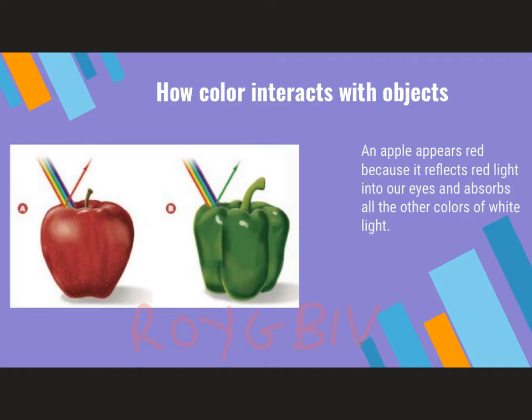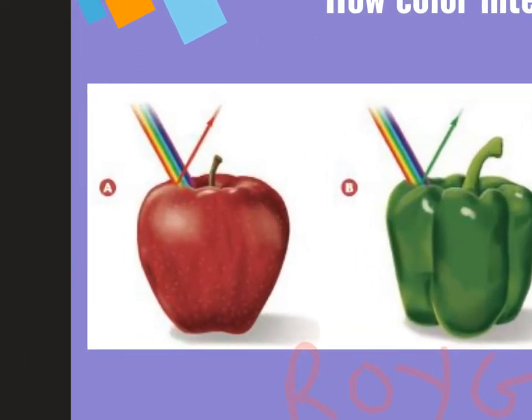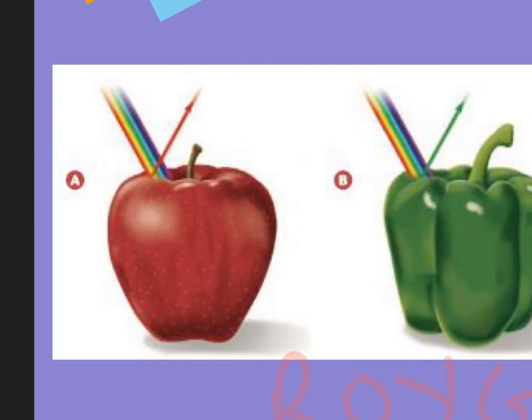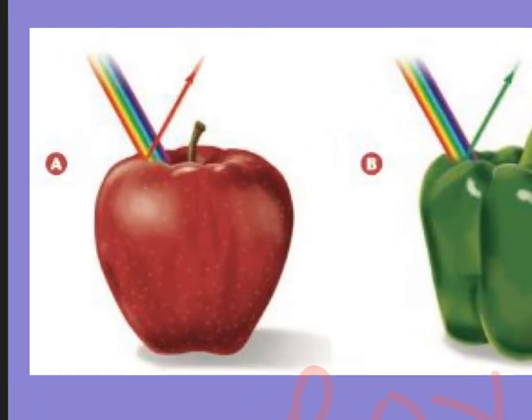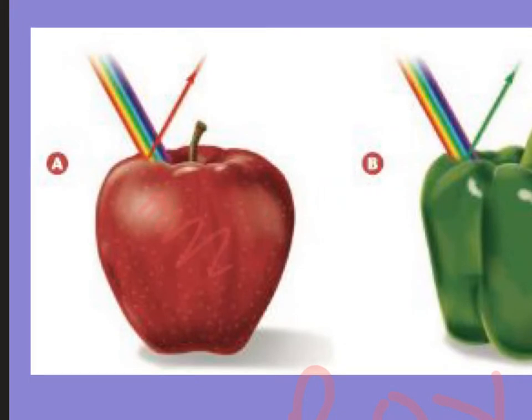If we look at an object like an apple under white light, maybe that light's coming in from a window or an overhead light bulb, one way to think about it is that it's all the colors of light hitting it at once. Now, the surface of that apple has skin, and we perceive that skin to be red. The reason is that there are pigments in that skin.